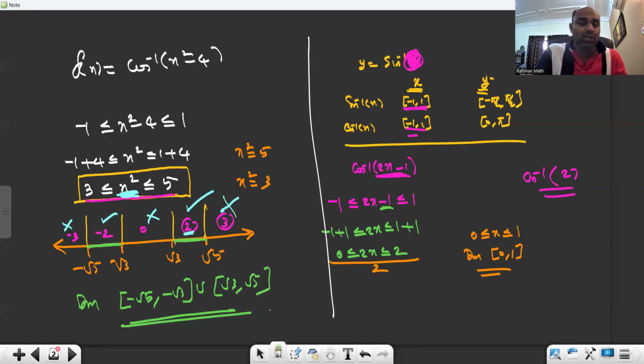Check it. We'll do more questions to understand. Don't worry about it. This is another important question for 2 marks. Be careful about this. Next question we are doing.